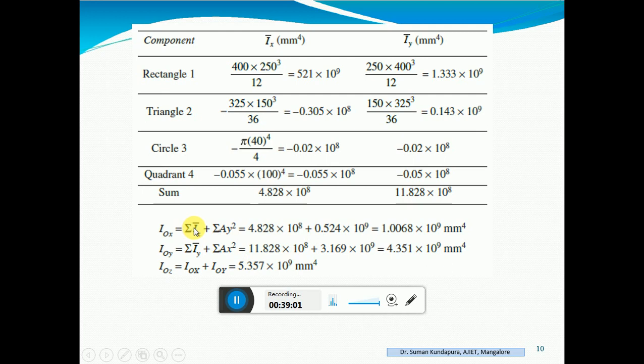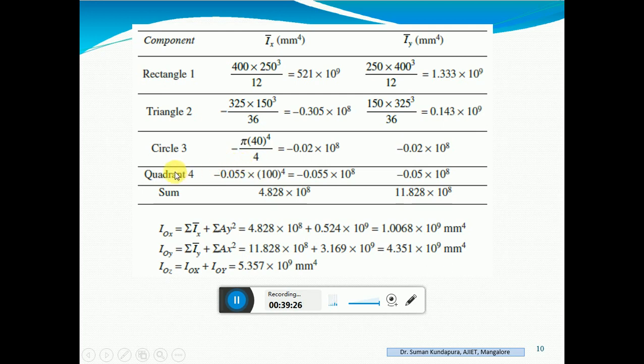We need these. So coming to summation, coming to Ix bar of each component. For the rectangle it is BD cube by 12. For the triangle it is BD cube by 36. And for the circle it is minus pi r to the power 4 by 4. Look back into your derivation. Please practice so that all the formulas are at the tip of your fingers.